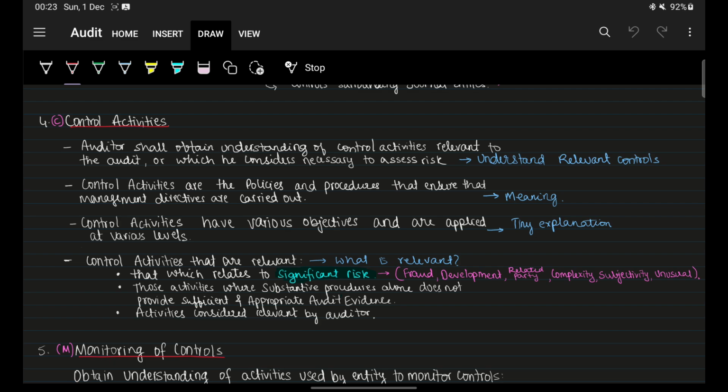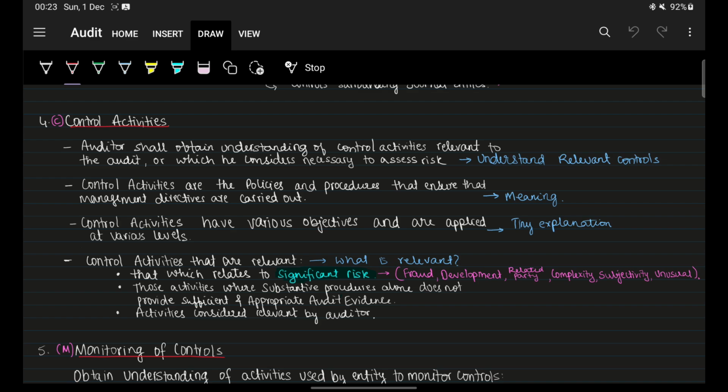Or before any entry is edited or before any entry is modified, basically, right? So before all those things are done, some approval could be required, right? So that is an example of control activities. So that is nothing but a policy, right? So saying that approval should be required is a policy that is set by the management, right?